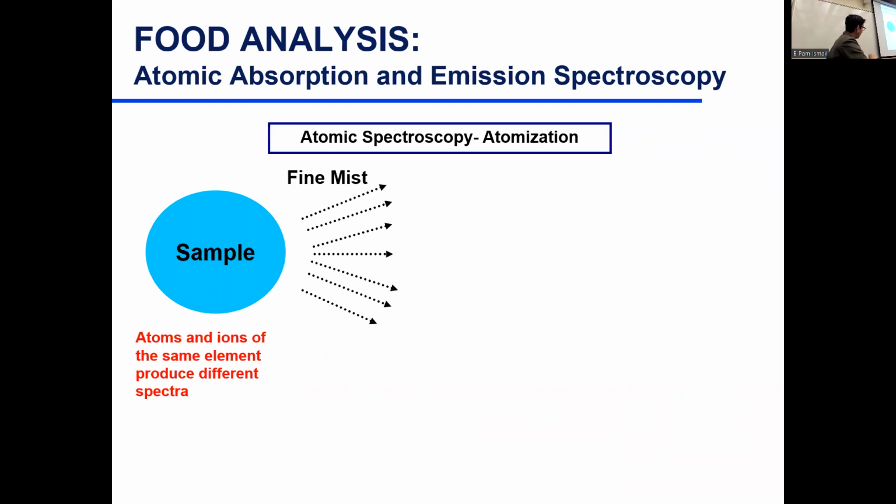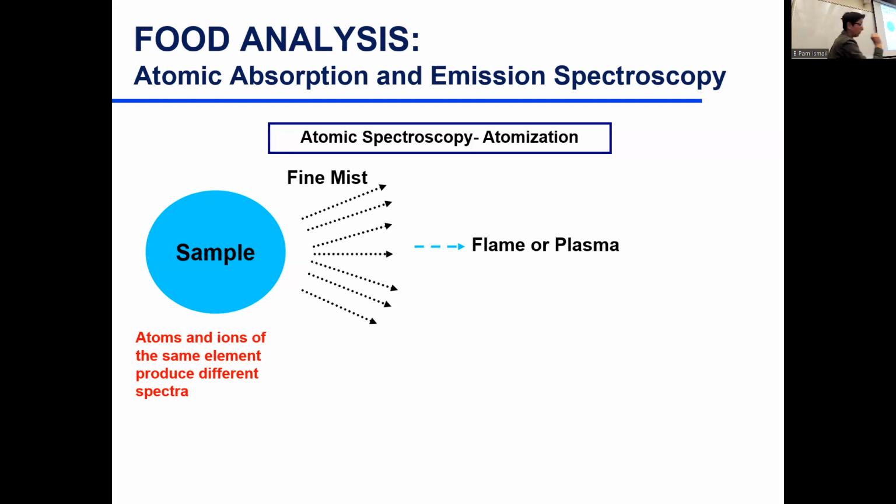So it's basically the fine particulate of your samples projected to the flame. So now you have the nebulizer, is the word I was looking for, where your sample goes through the nebulizer and becomes a mist that goes into the flame or the plasma.